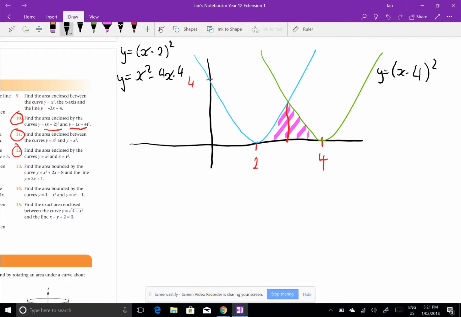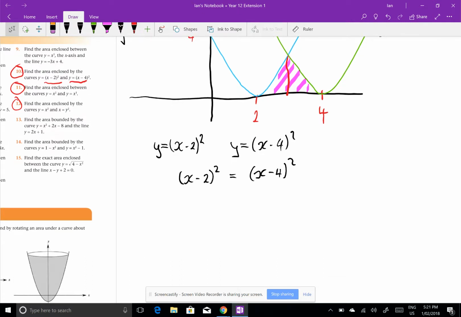So let's take them and put them equal to each other. We've got y equals x minus 2 all squared, and y equals x minus 4 all squared. We put them together and we get x minus 2 all squared equals x minus 4 all squared.